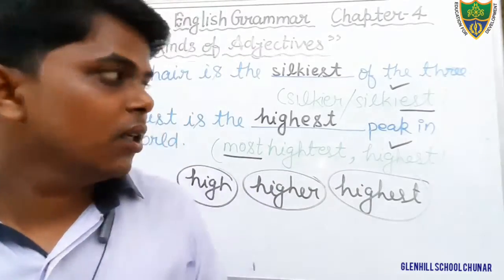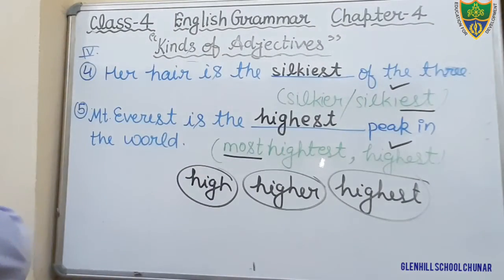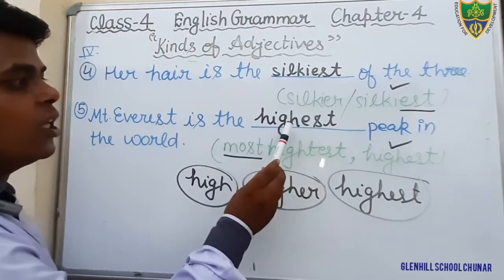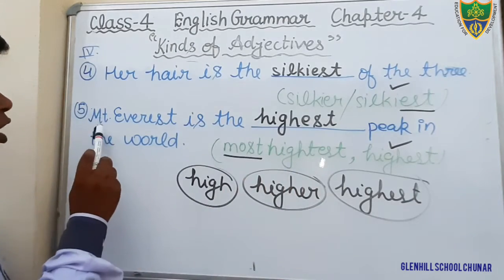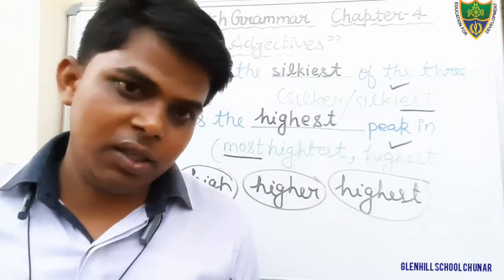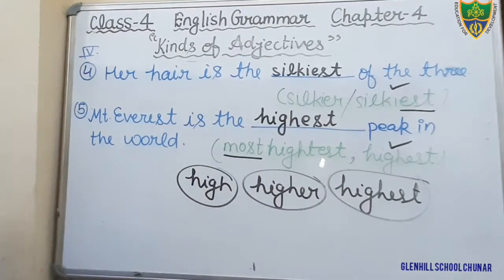So what would be the suitable option? Highest. And you just fill it here. In question number 5 we will fill in the appropriate word, that is highest. So the sentence will be: Mount Everest is the highest peak in the world. Okay students, just fill it.